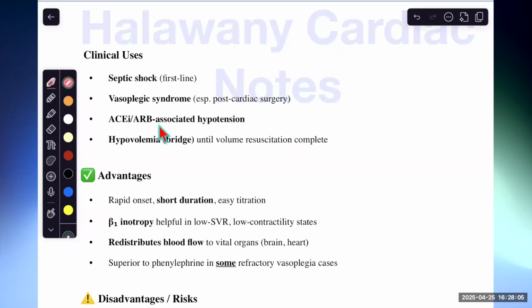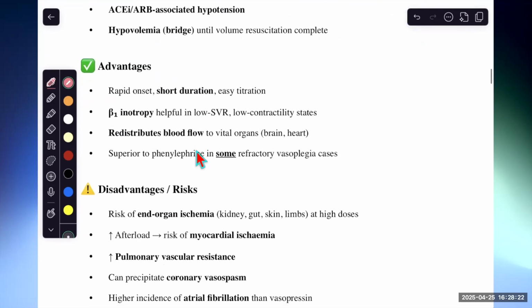Like the patient you are receiving in the morning and he took his angiotensin receptor blocker or the ACE tablet in the morning. Usually this patient will have a significant hypotension with induction. You can use noradrenaline. And in hypovolemia, we are using it as a bridge until you give the volume.